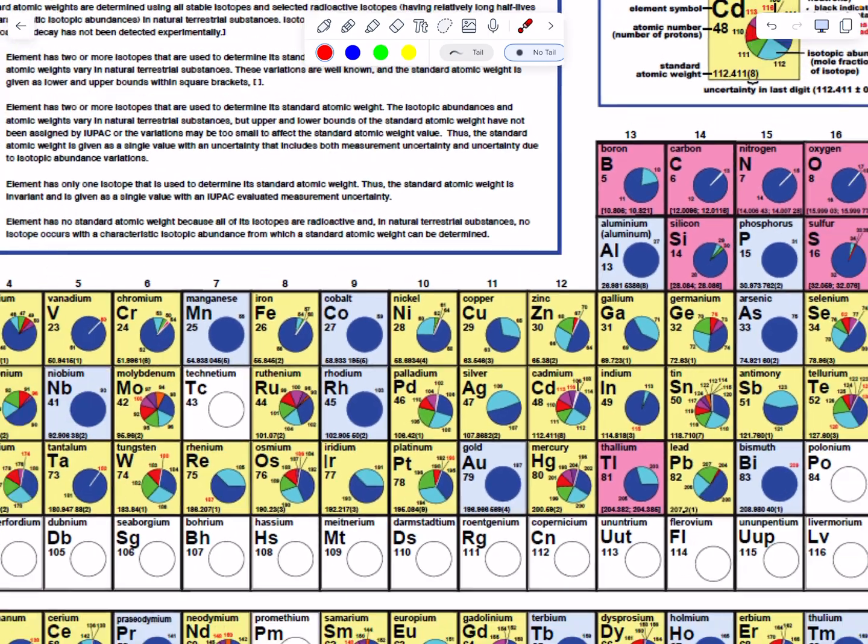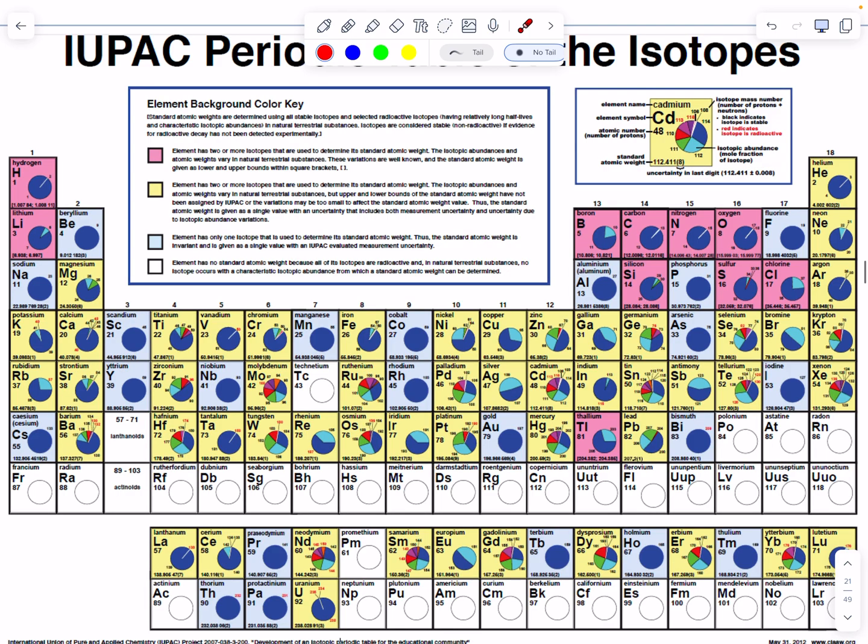The other thing that you might notice is that there are a lot of elements that have white circles. Many of these elements are not found significantly in nature. They've only been created in the lab, and so they don't actually have any stable isotopes. We're going to talk about where that hits on the periodic table.